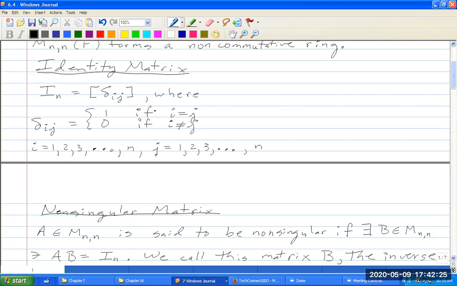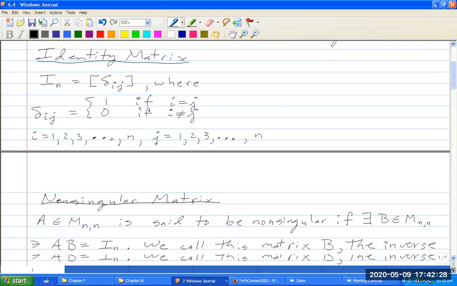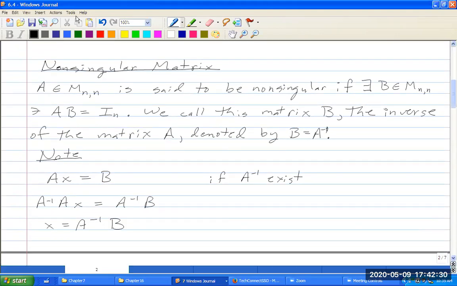A non-singular matrix. Let A be an m by n matrix. Then A is said to be non-singular if there exists some matrix B such that A times B is equal to the identity.